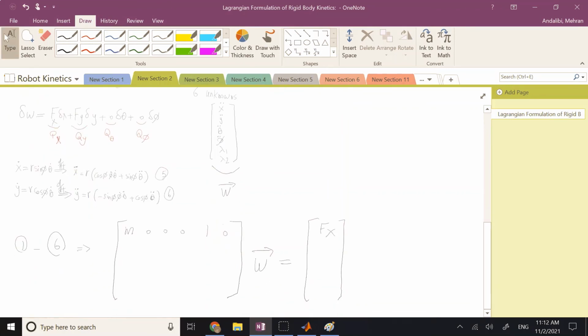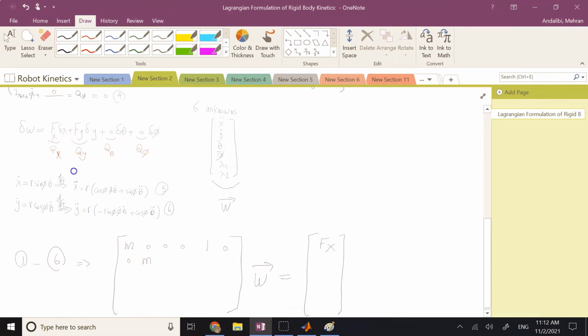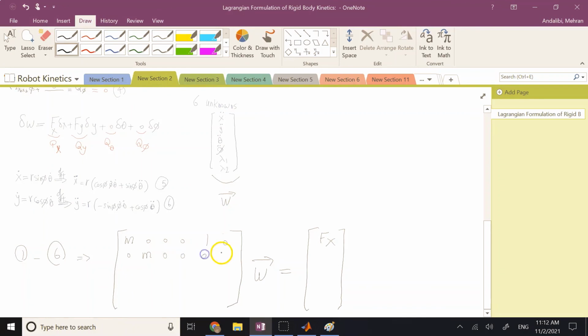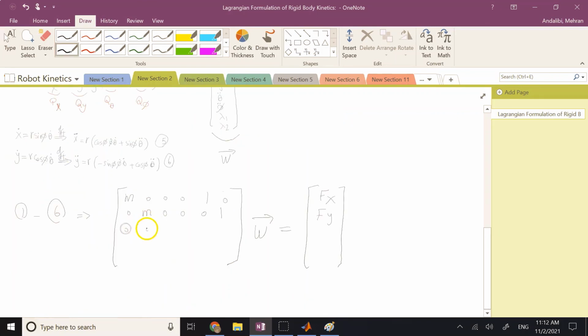The next one again is 0 m 0 0 0 1, and then this is f of y. Then you have 0 0 I zb zb.